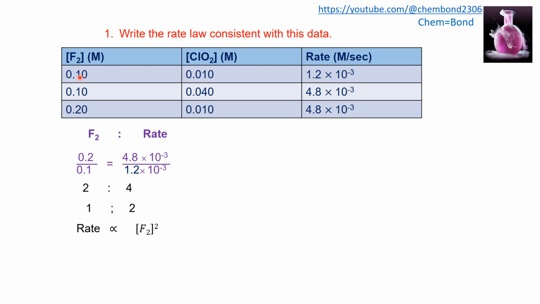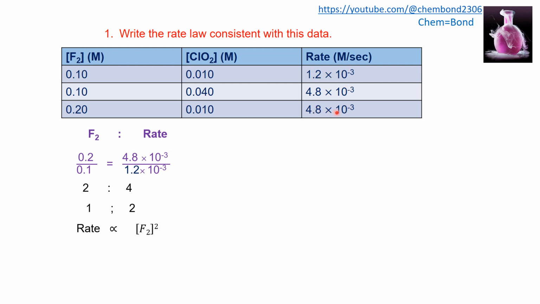So when we move from 0.1 to 0.2, how will the rate of reaction change? 1.2 into 10 to the power minus 3 changes to 4.8 into 10 to the power minus 3. By dividing the larger value by the smaller value, 0.2 divided by 0.1, this is the concentration of the fluorine, and similarly for the rate, the larger value is divided by the smaller value.